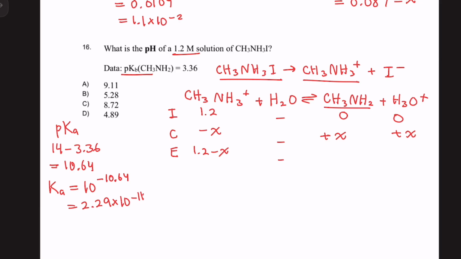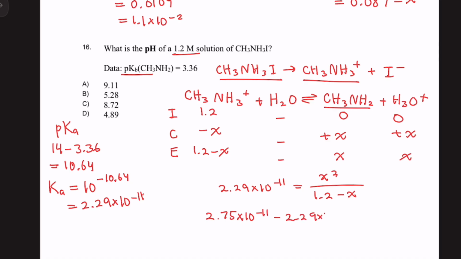And now we can just solve for x like we've done many times before. So 2.29 times 10 to the negative 11 is x squared over 1.2 minus x. I'm going to bring the denominator over and expand. And I've moved the x squared to the left-hand side. And you can just use your McMaster standard calculator to actually calculate the x values with the function that it has on there.